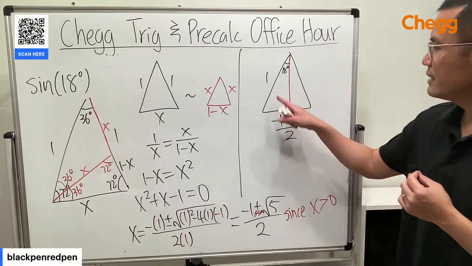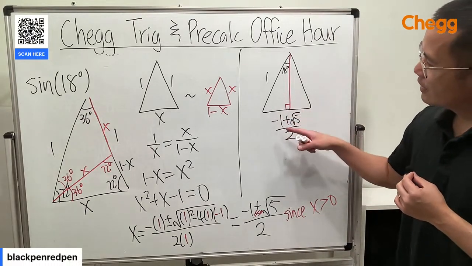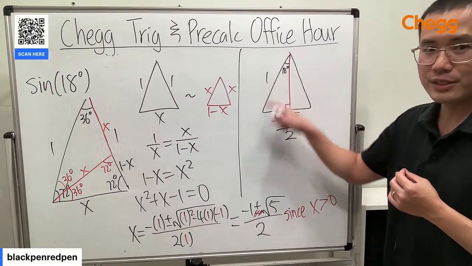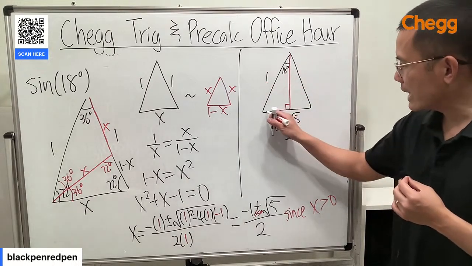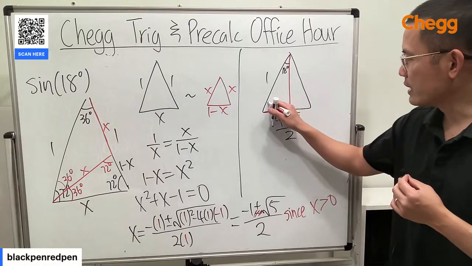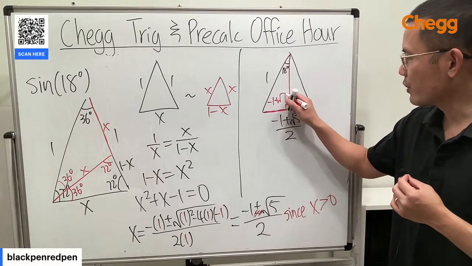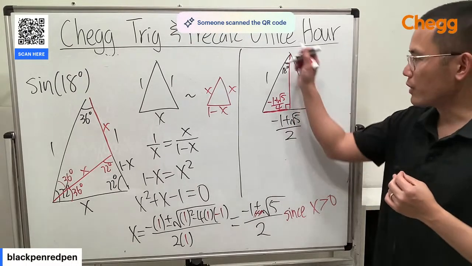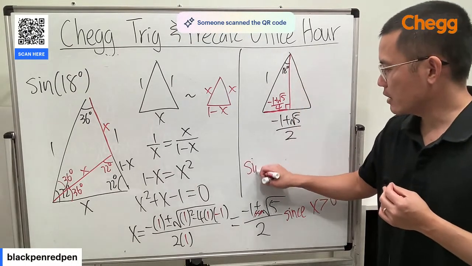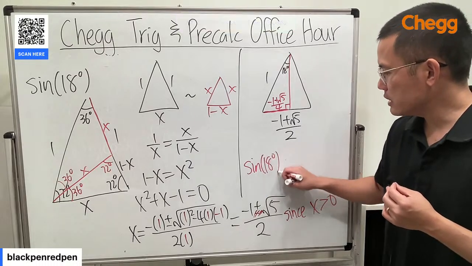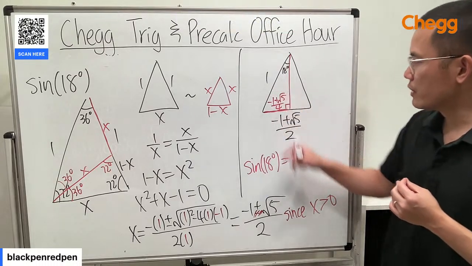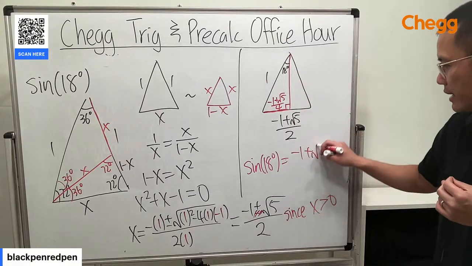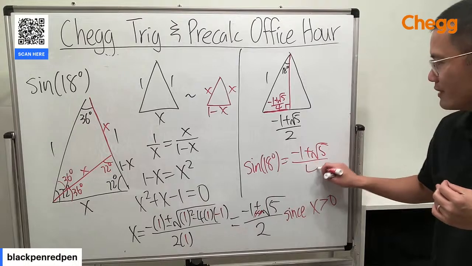Okay? And then it's just opposite over hypotenuse if you look at this triangle. But this is just half of it though. So you have to divide it by 4. That's negative 1 plus square root of 5 over 4. So from this picture, you can see sine of 18 degrees equals opposite over hypotenuse, over 1, doesn't matter, which is just negative 1 plus square root of 5 over 4.